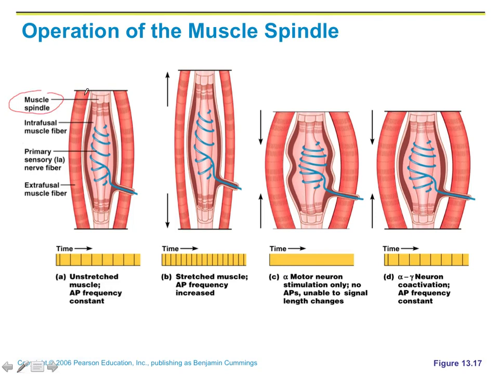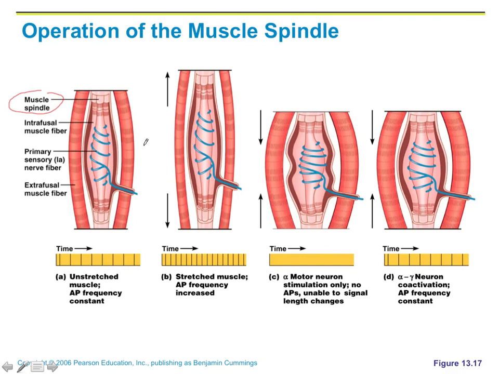It generates the nervous impulse and sends it to the central nervous system, so we can know the state of our muscle, how tense our muscle is.